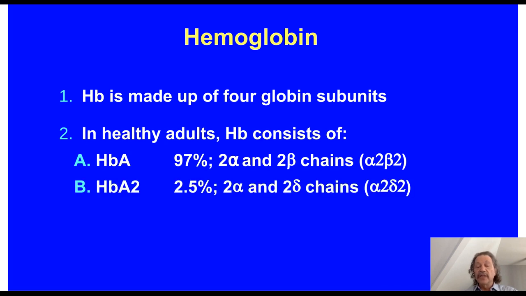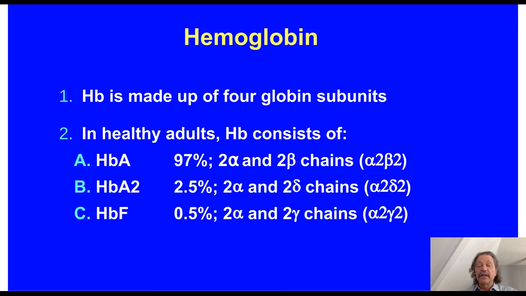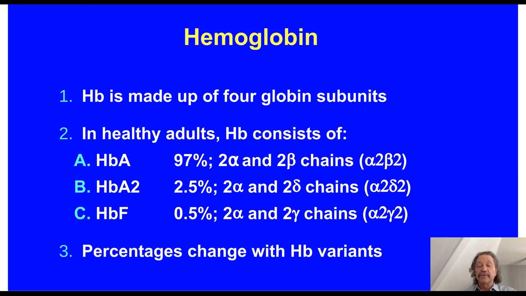Hemoglobin A2 is about 2.5%, and hemoglobin F, or fetal hemoglobin, is 0.5%. The difference is they all have alpha chains, but A2 and F have delta and gamma chains respectively.